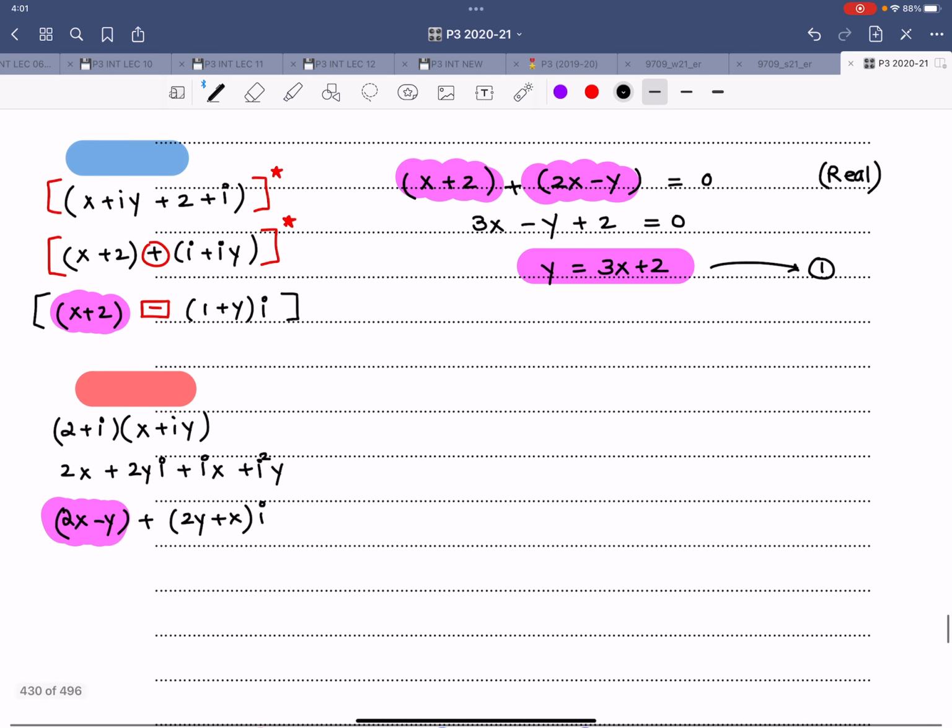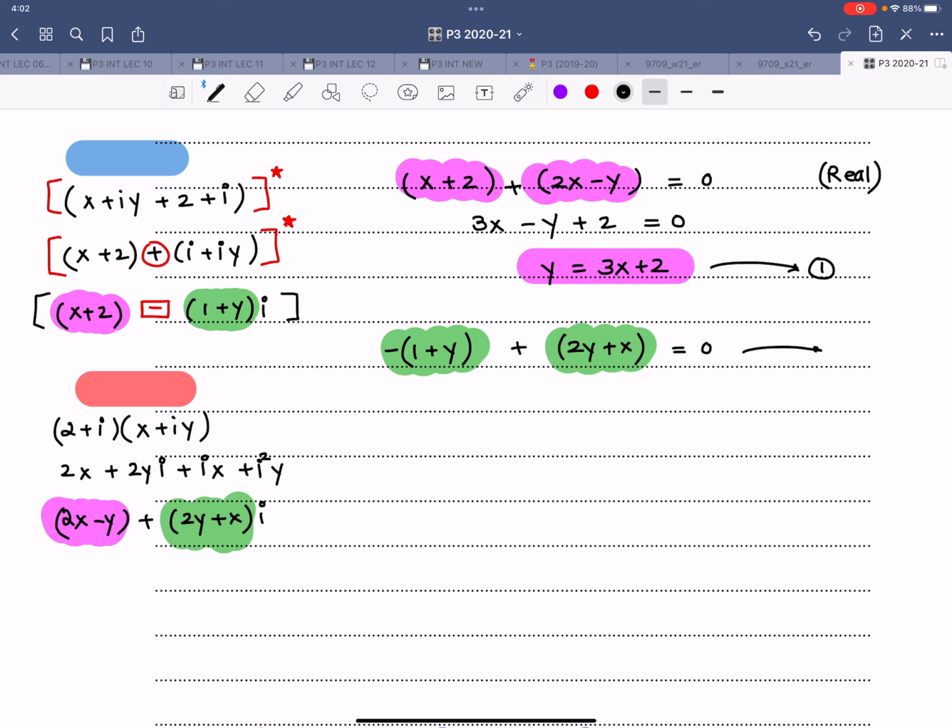Similarly, the second part, that is the imaginary, and this is the imaginary. So imaginary plus imaginary, let's add it up. That is 1 plus y with a negative sign. Don't forget this negative on the outside. Plus sign, this is 2y plus x. Again, the imaginary part is also 0.